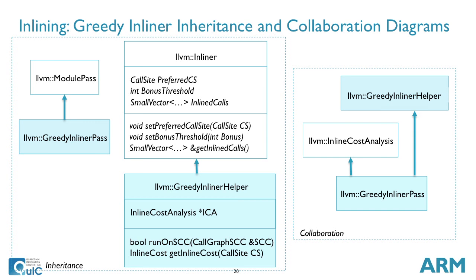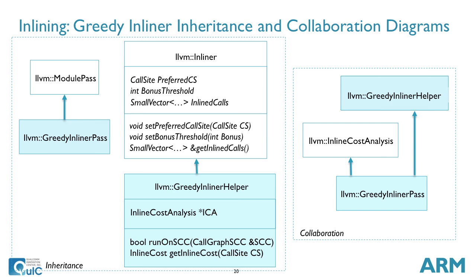In case you're curious about trying out the patch already out there, or just want to read it for review or work on the heuristics in the code, maybe having a view of the different objects and how they correlate might help you. So here it is. We have the grid inliner pass. As I said, it's a module pass, so it inherits from the module pass class. The grid inliner pass makes use of basically two objects, the inline cost analysis and a helper object named grid inliner helper.